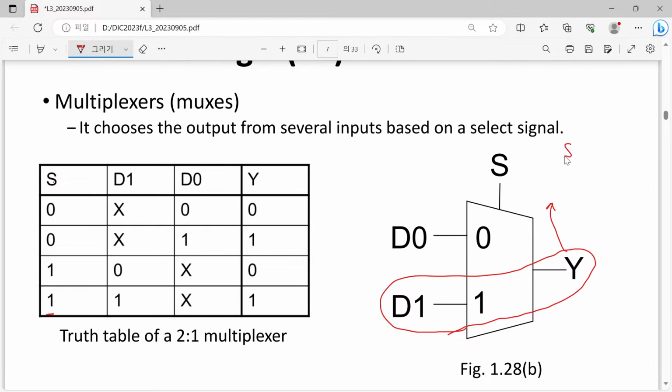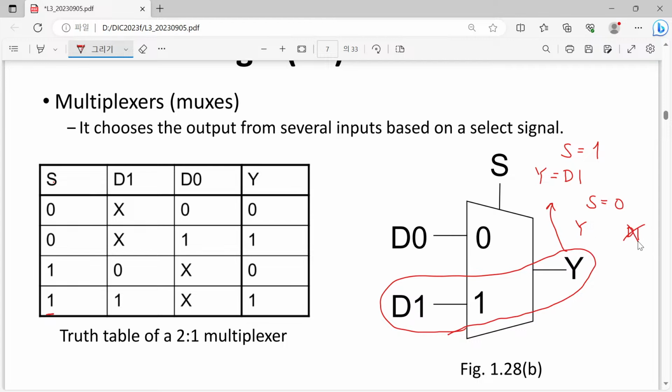Say, when we have S equal to 1, then D1 is copied to Y. And S equal to 0, then Y is not related to our D1.